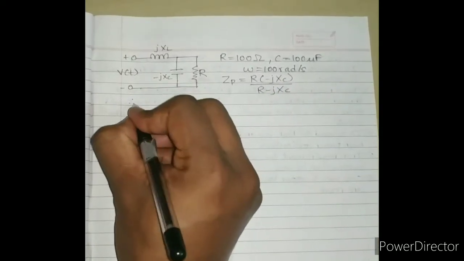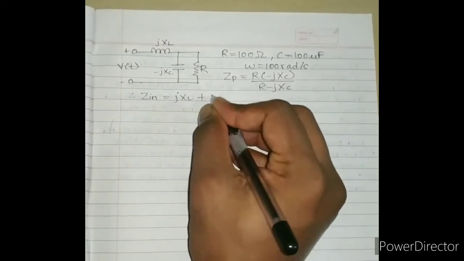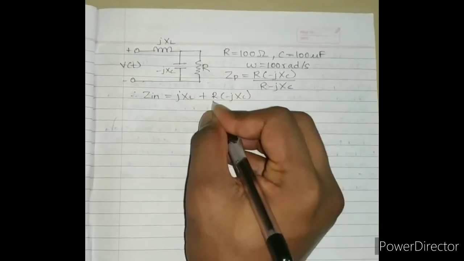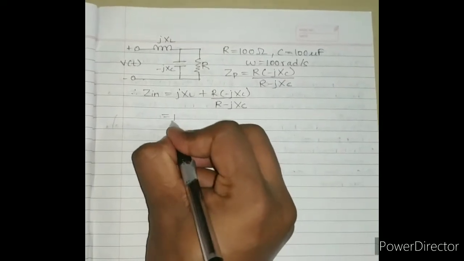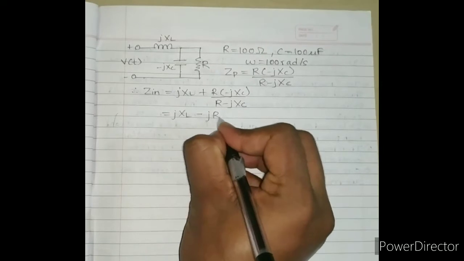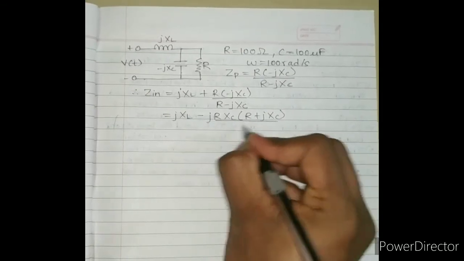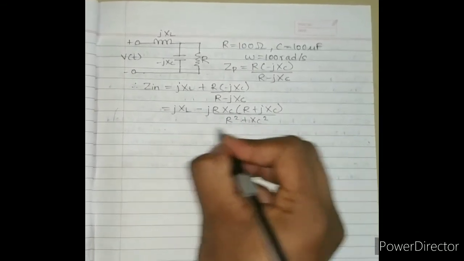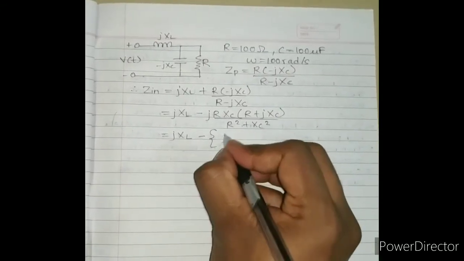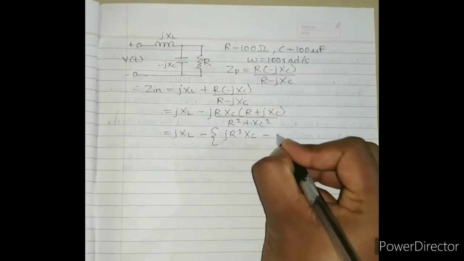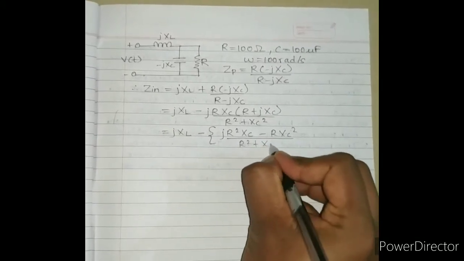Now Zin is equal to jXL plus R into minus jXC upon R minus jXC, which on rationalizing is equal to jXL minus jR XC into R plus jXC upon R square plus XC square, which is equal to jXL minus jR square XC minus R XC square upon R square plus XC square.